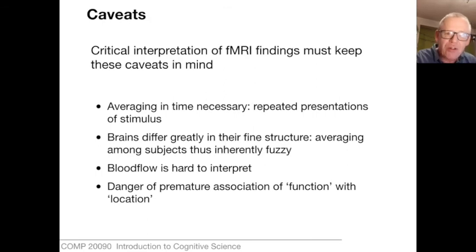The association of function with a place in the brain is one of the really problematic features of fMRI research. When done cautiously, of course, this is a sensible way to proceed. But when done incautiously, it's easy to slip down the slope back to phrenology. So we need to remember that anytime we attribute a function to a place in the brain, extreme caution is needed.